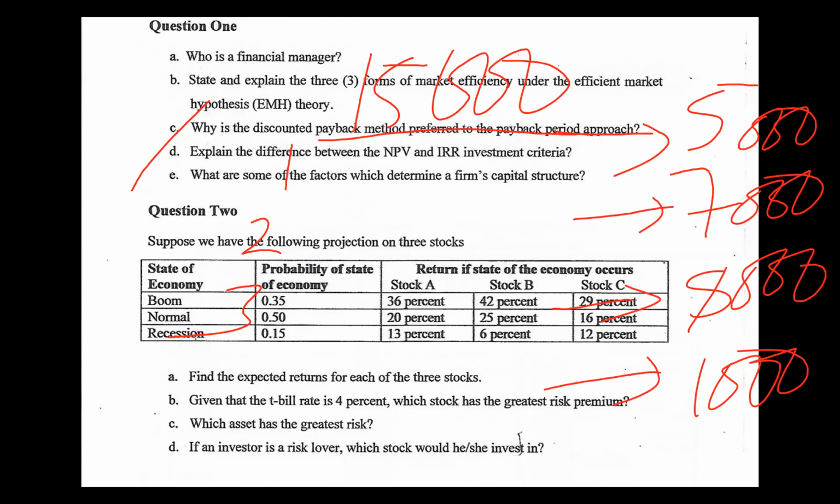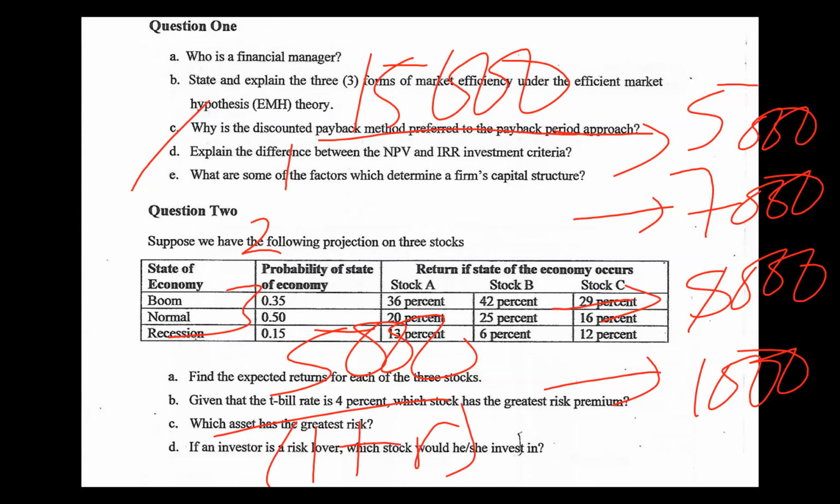You bring them back to the present by dividing, let's say 5,000 divided by 1 plus the rate of interest. You get it, right? When you discount all of them, then you look for the payback period for the discounted cash flows. Then you are getting what is called the discounted payback method.